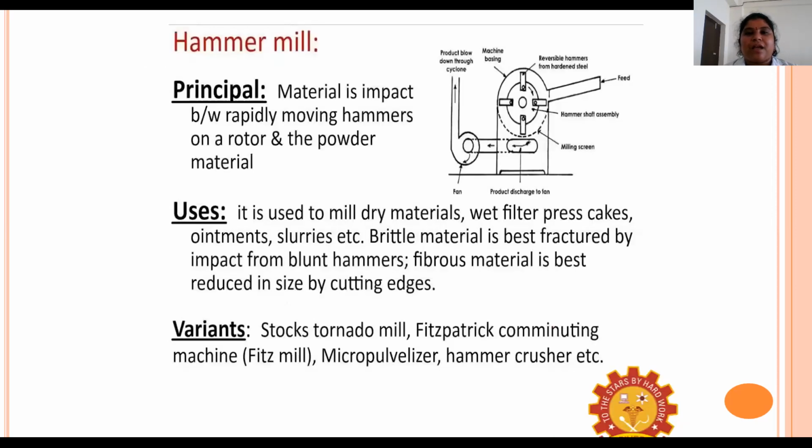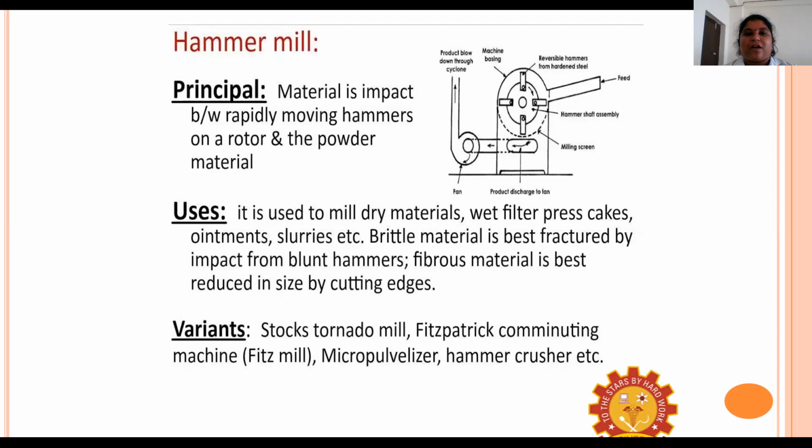Then coming to the equipment used in the size reduction process, that is the hammer mill. So what is a hammer mill? As we know, it follows the impact mechanism of size reduction, where a rigid force hits the particle, thereby the size of the particle is reduced.